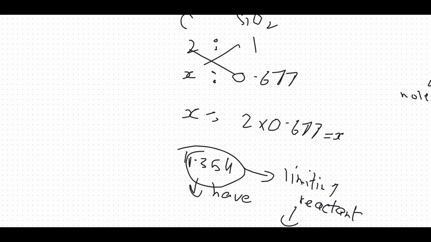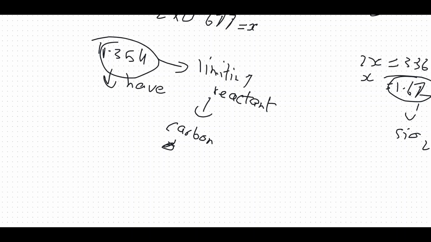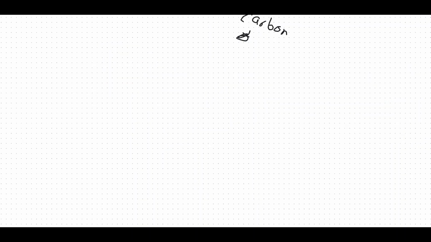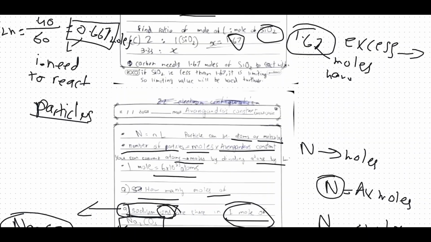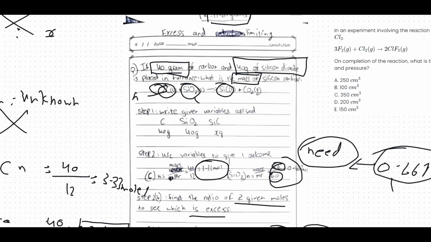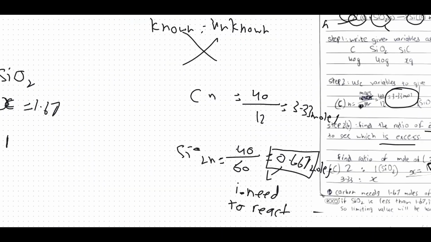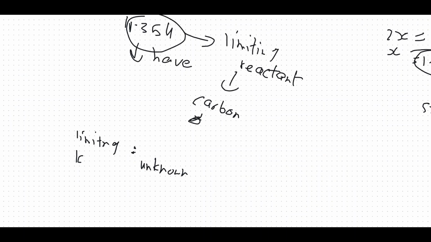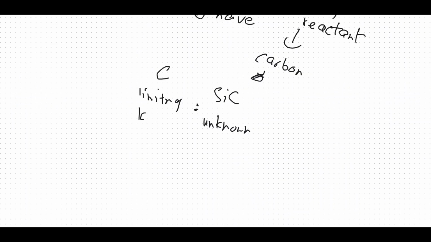So when I find my limiting reactant, the next step is I compare the moles of the limiting reactant to my unknown product, what I need to find. In this case, they're asking me to find the mass of silicon carbide. So first I'll compare and find the number of moles of silicon carbide. I have carbon as my limiting reactant. The coefficient of carbon is 2.